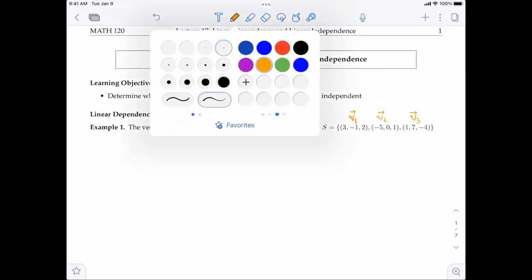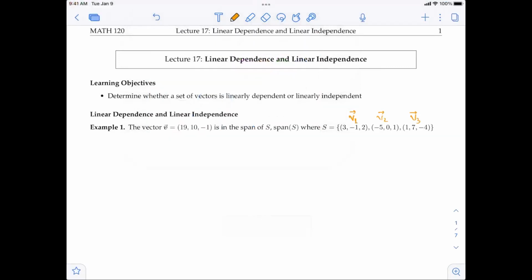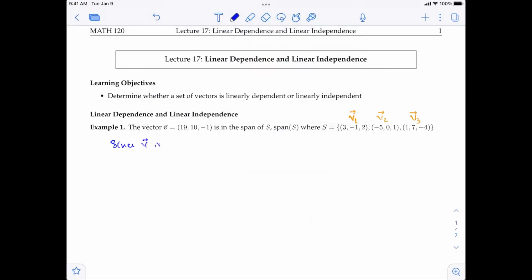Because the vector v is in the span of S, v can be written as a linear combination of the three vectors v1, v2, and v3.